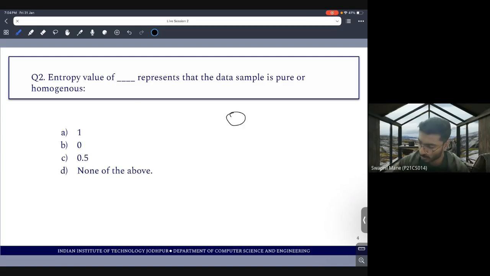Suppose you have a category, studied, and there are two values, based on which we split it: false and true. After splitting, let's take as an example here 9 false and 3 true.